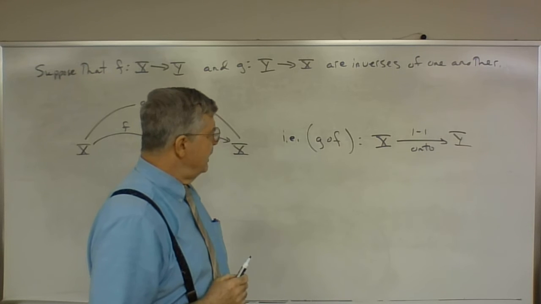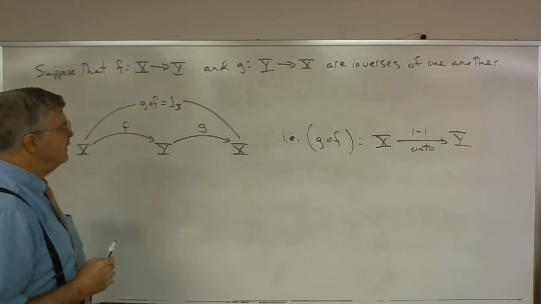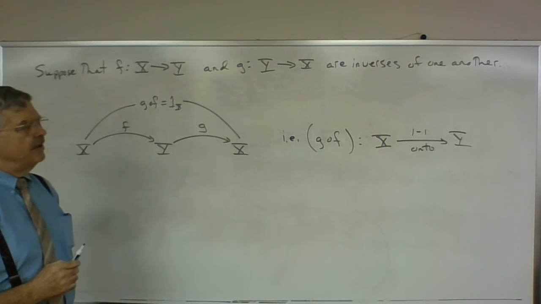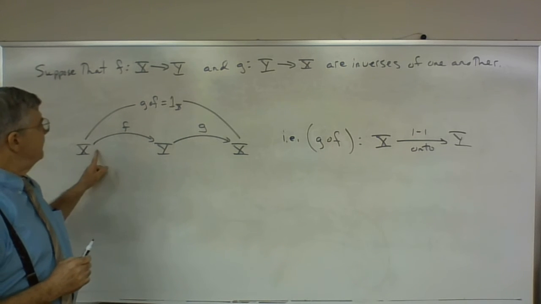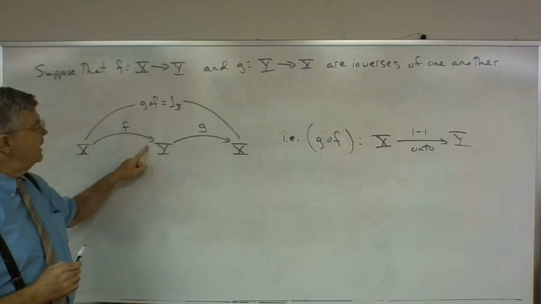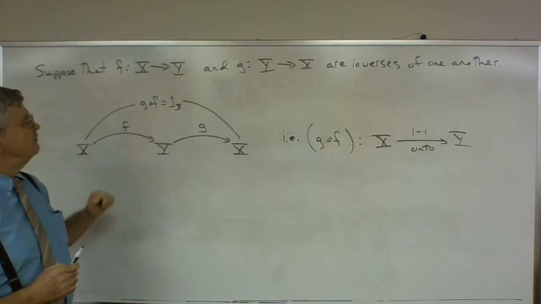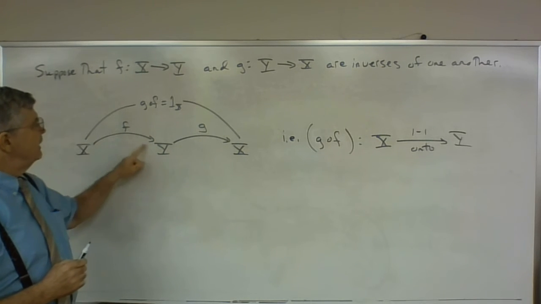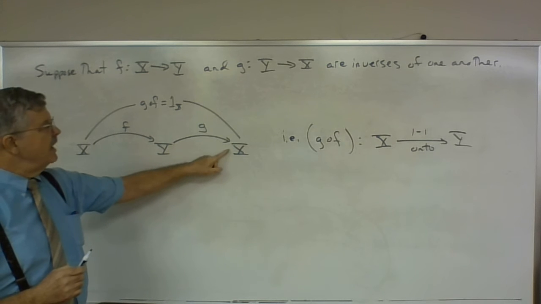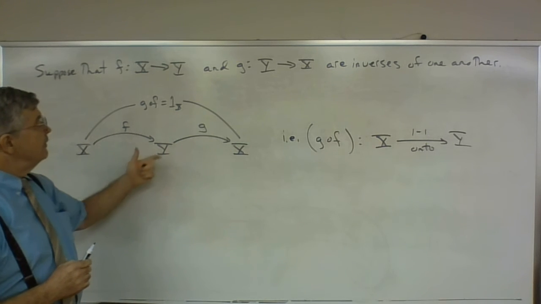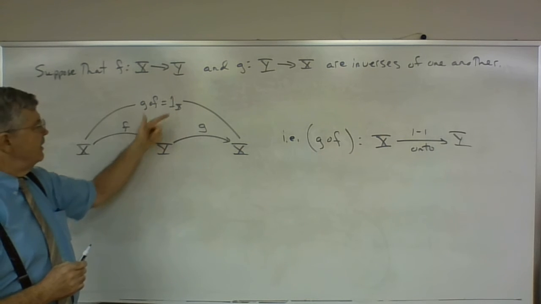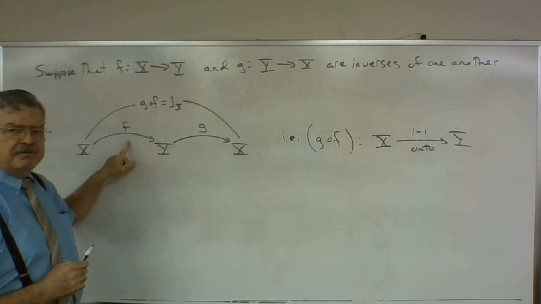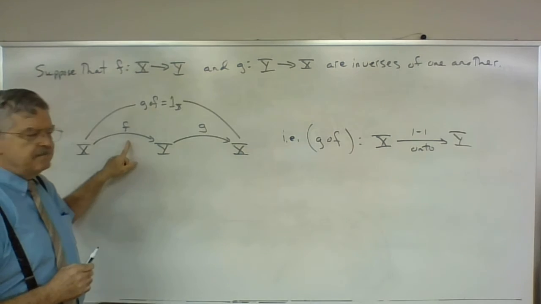Well, let's see. If we have the composition of two functions that are 1 to 1, if f goes from x to y and g goes from y to x, and the composition is 1 to 1, that means the first function has to be 1 to 1, right?